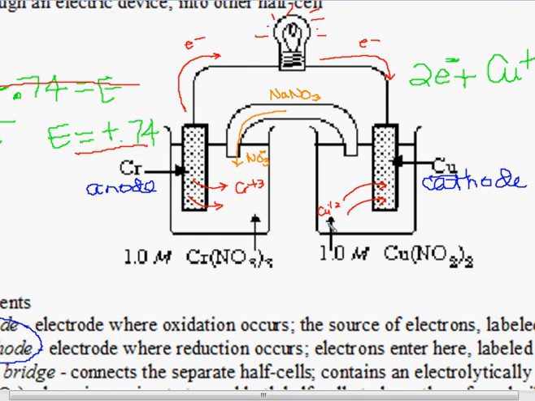At the same time, with the copper ions, because they're disappearing into the cathode, you have all of these nitrate ions building up. So all of these nitrate ions are just hanging out in solution, and you're getting more and more of this electrode being negative. Because of that, some of the sodium ions will flow from the salt bridge.